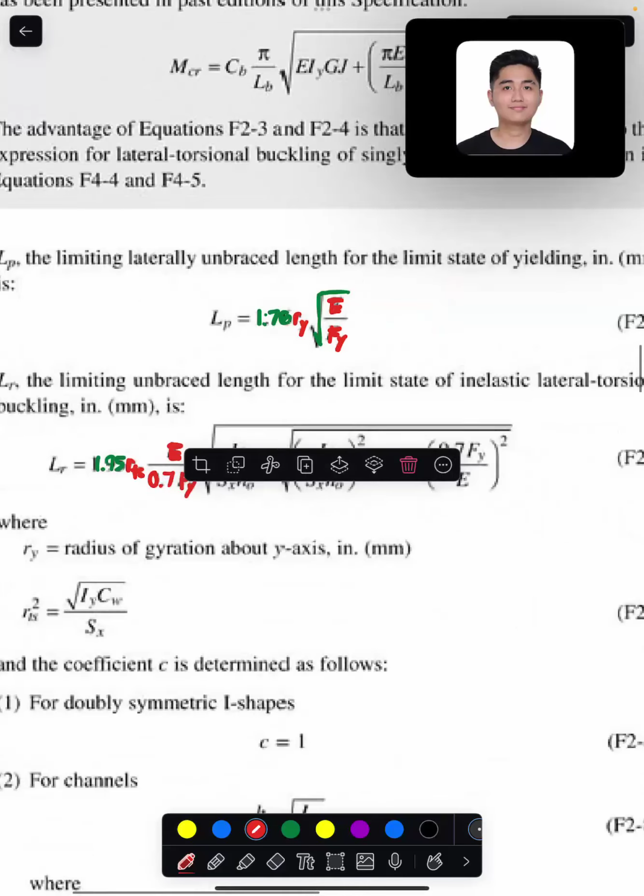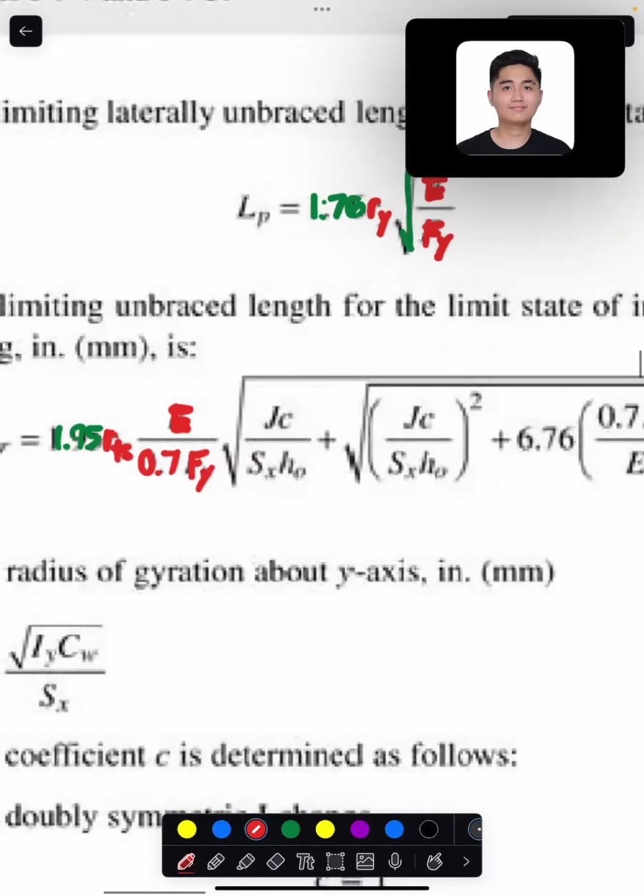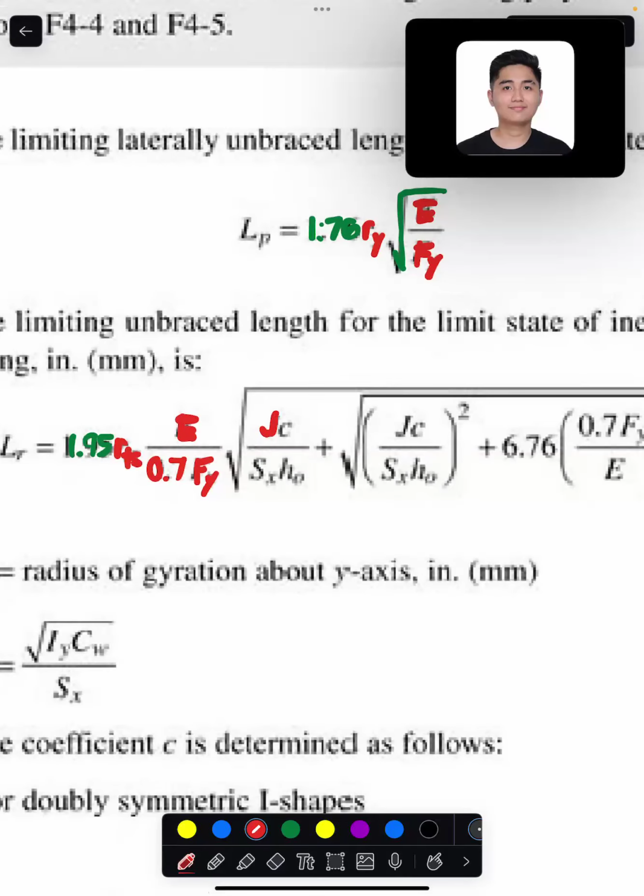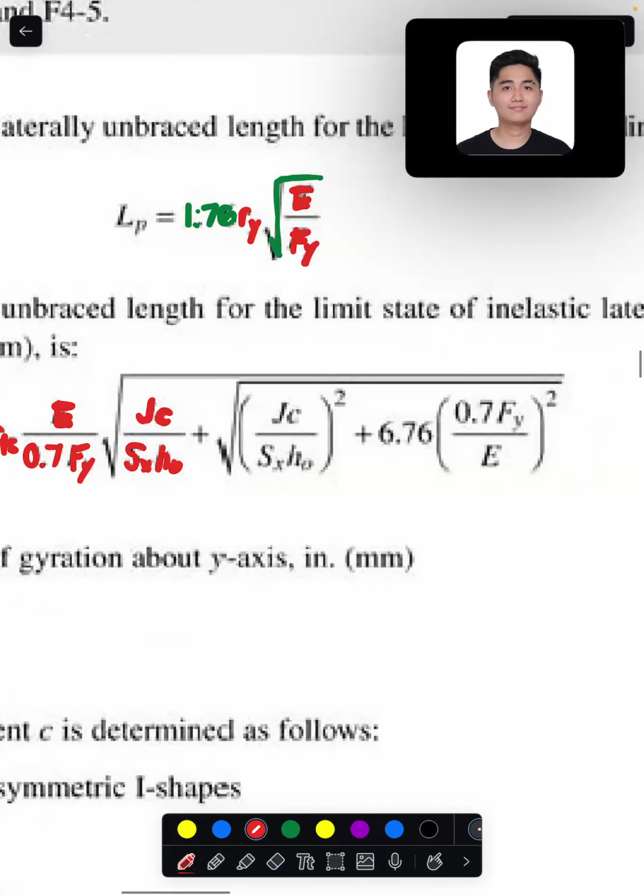Yung J is yung polar moment of inertia. Yung C, makikita mo rin kay table 1-1. S sub X, section modulus. H sub O kay table 1-1 din. Tapos J, ulit ito. C ito. S sub X, H sub O.